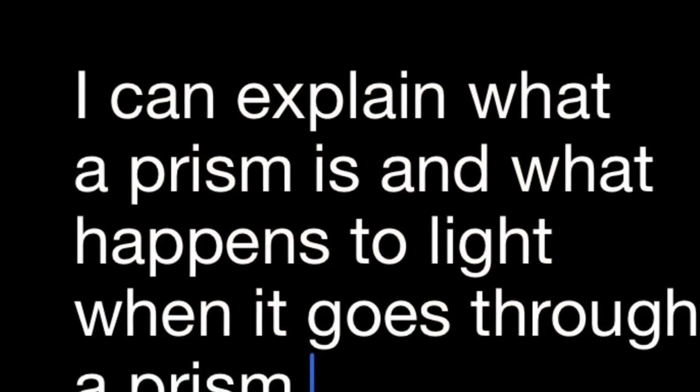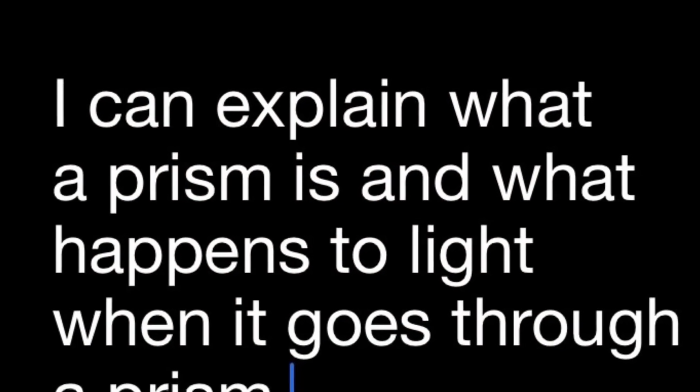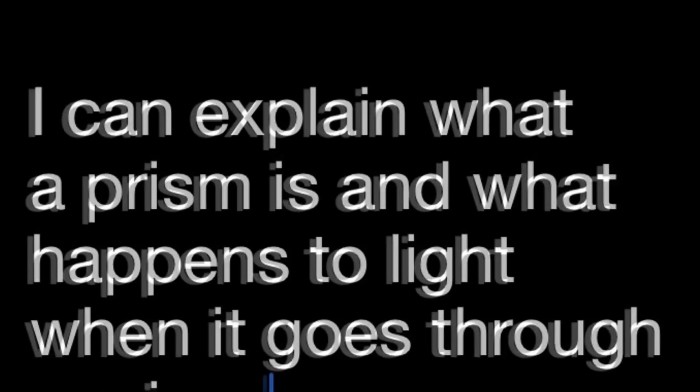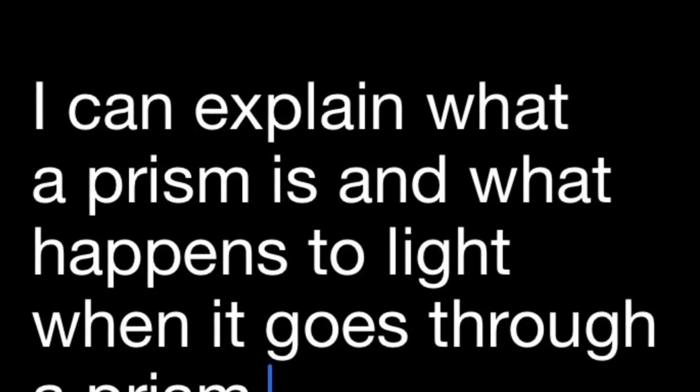Right now, let's look at the learning target one more time to make sure that we have really dug in and are able to answer anybody that asks about it. I can explain what a prism is and what happens to light when it goes through a prism.